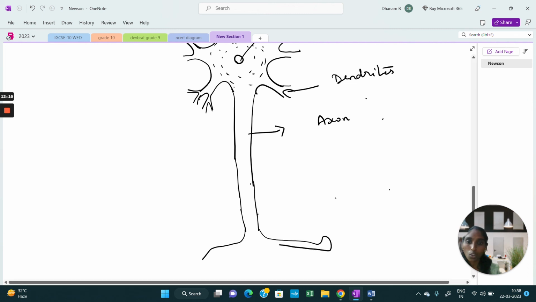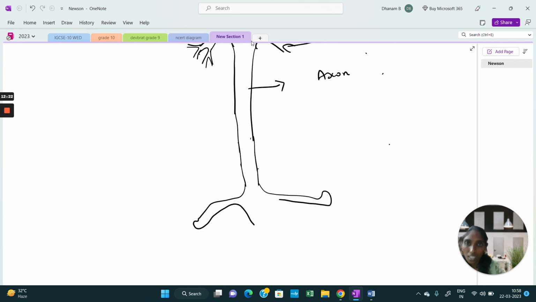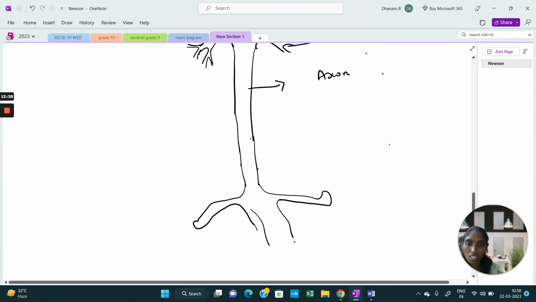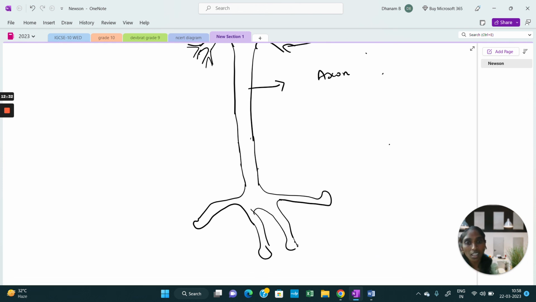Because this is the axon terminal, which passes on the impulse received in the cell body. And here I just want to draw the diagram. This is the region, see here, and this region is exactly the axon terminal.